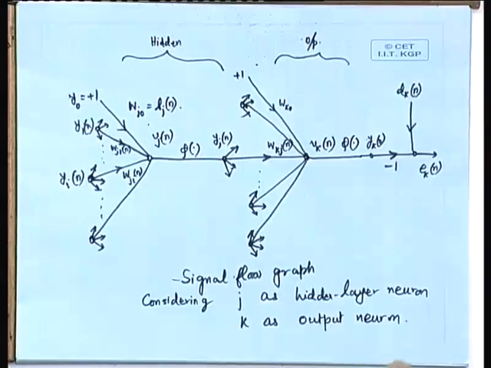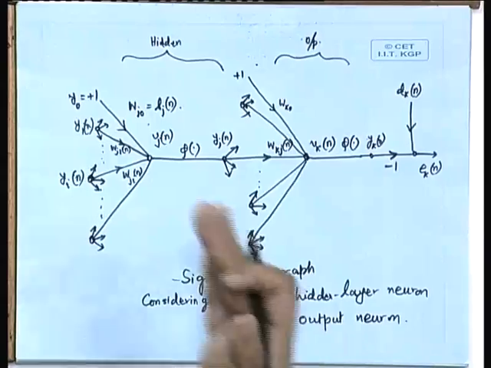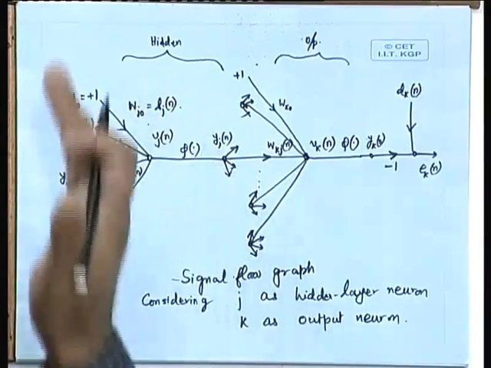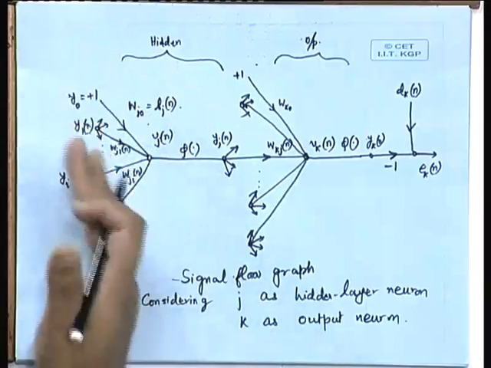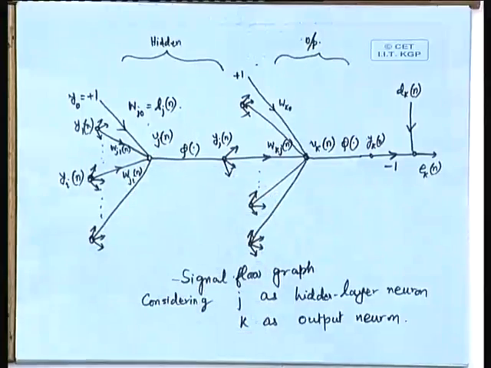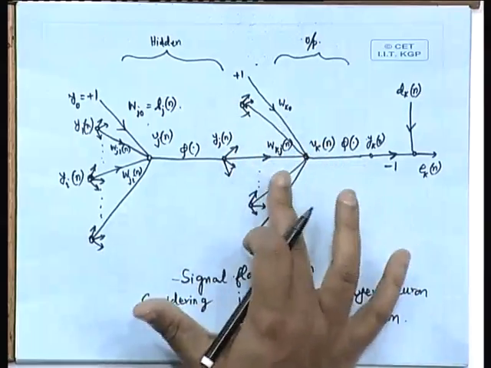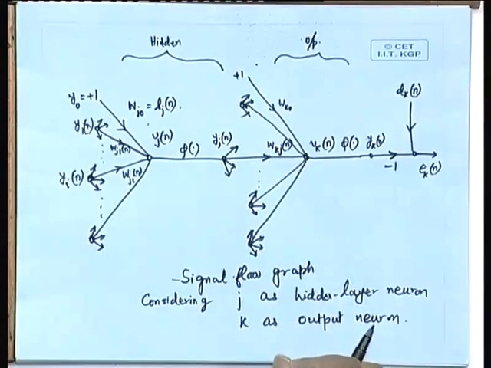Is it understood? Let me just repeat once again in a nutshell. We consider neuron J in the hidden layer that is connected to its preceding layer. All these Y's that we have shown are the outputs of the preceding layer being applied on this jth neuron. We compute Vj of n, we then compute Yj of n from it by going to the activation function, and then all the hidden layer outputs will be connected to the neurons in the output layer.